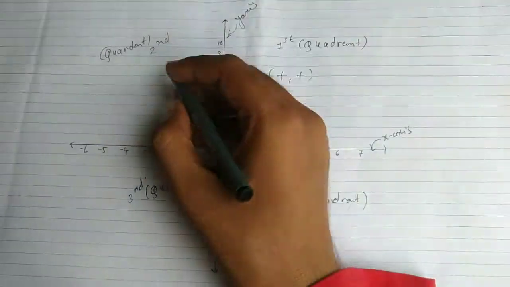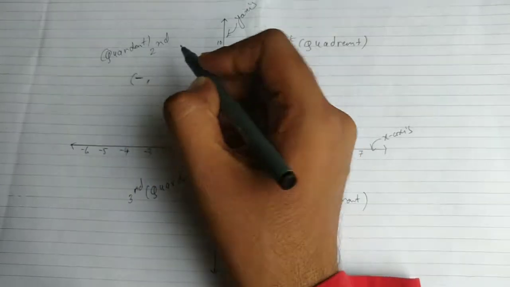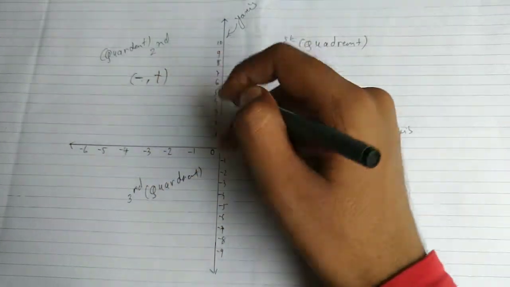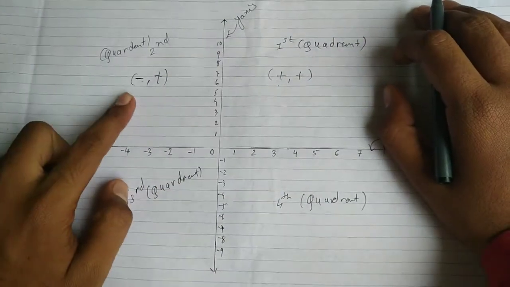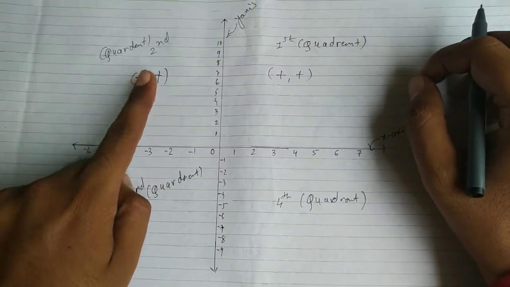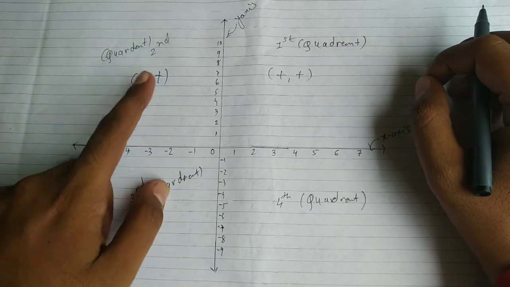In the second quadrant, the x coordinate is negative and the y coordinate is positive, so the second quadrant has minus plus signs.